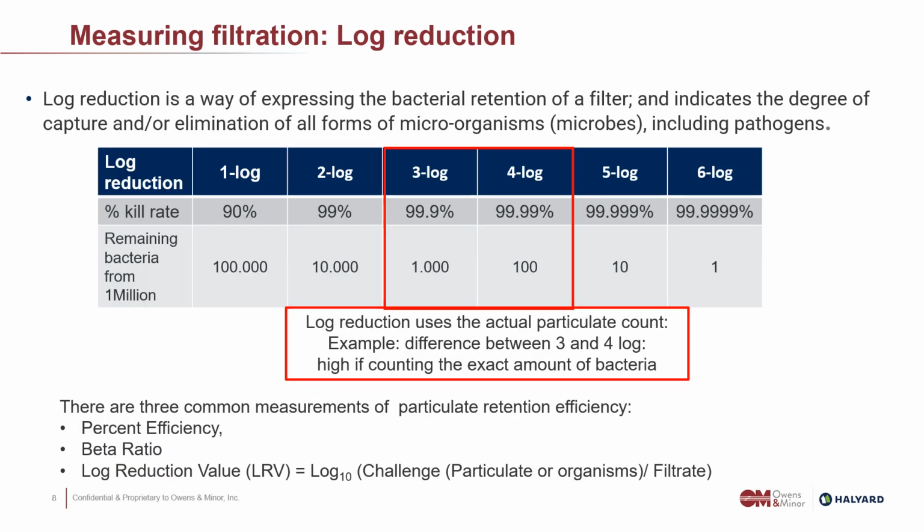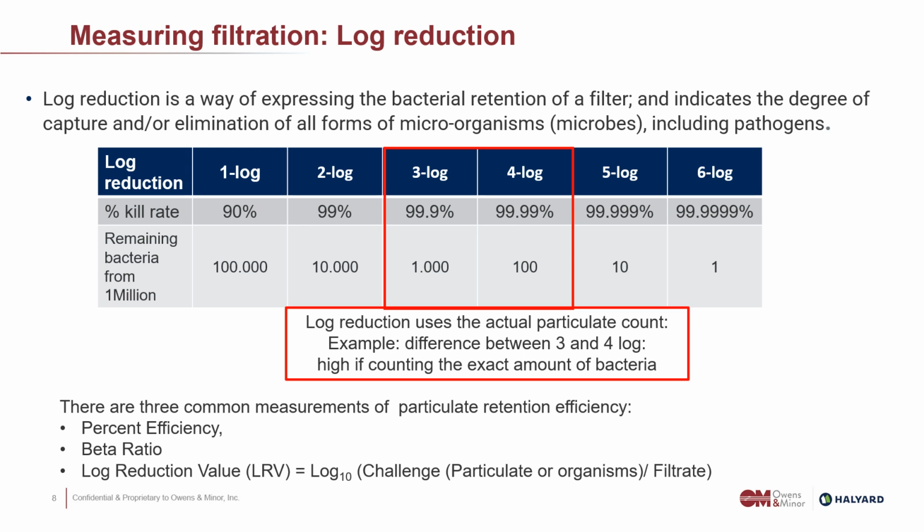Now, the other principle that we need to talk about is log reduction. Sometimes we see BFE values, and they're usually expressed in percentage, and we see a 99.9 or a 99.99. What does that really mean? Let's have a look at the surface here that we're going to contaminate with 1 million bacteria.